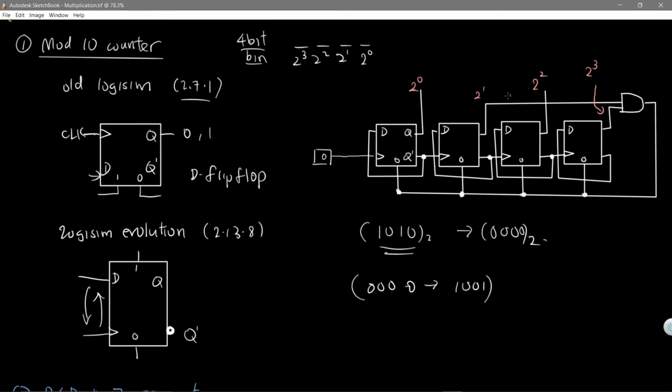Once this condition is reached, which is the output of high for these two outputs, this AND gate will output a high signal to the preset, also called a reset. If the reset is activated, all the flip-flops will be reset to 0. So this is how you control the counting sequence.